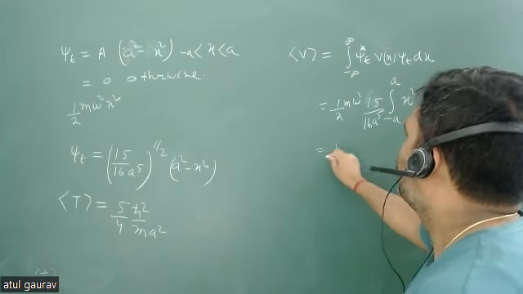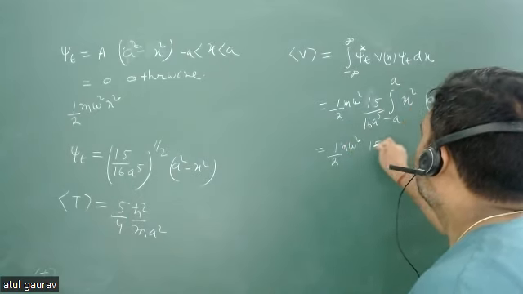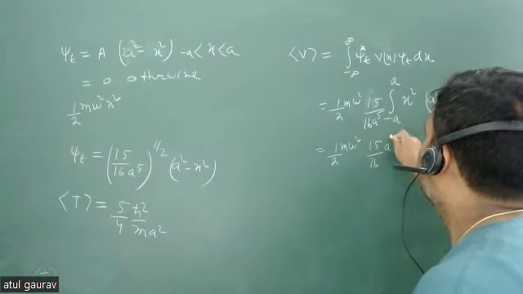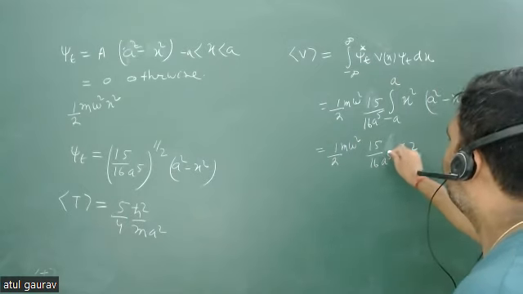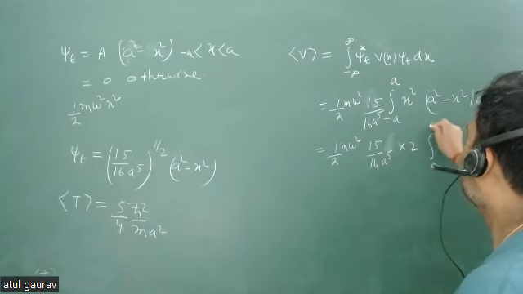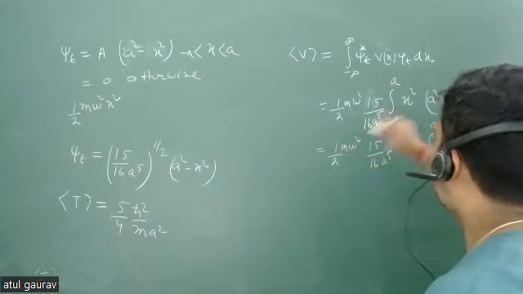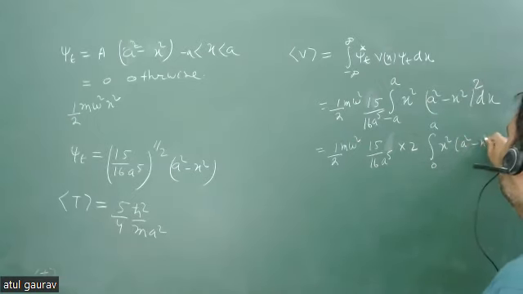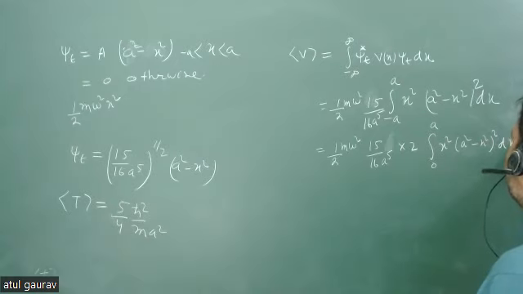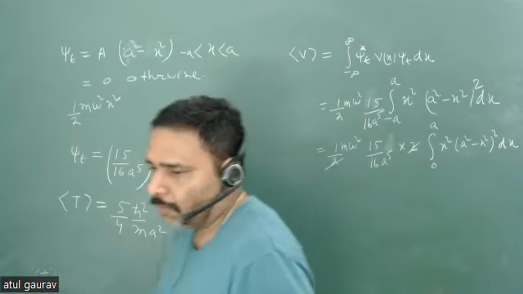So I can go for half m omega square 15 upon 16 a to the power 5 into 2 times the integral from 0 to a of x square, and this is a square also because psi star psi is there, so x square times (a square minus x square) whole square dx. So this 2 and this half cancel out.